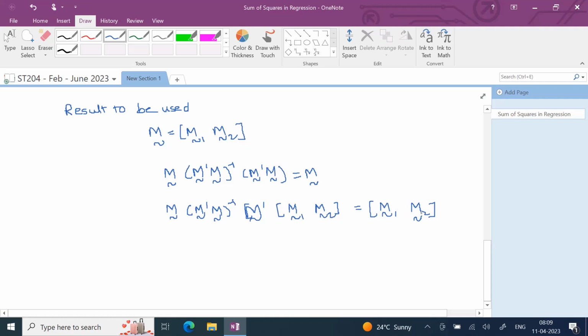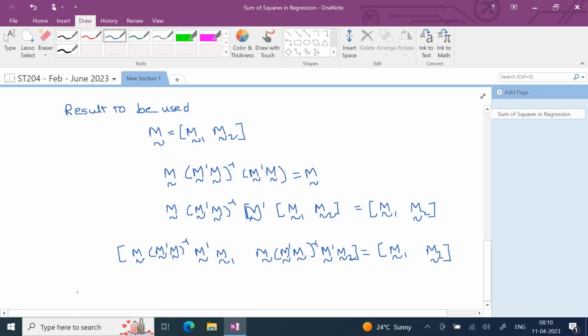Okay, so what do I have? Because of the theory of partitioned matrices, now what I'm getting is the first part, that is M, M prime M inverse M prime into M1 is my first entry. First entry means first part on LHS, and M prime M inverse M prime M2, that is my second part on LHS, and right hand side I have M1 M2.